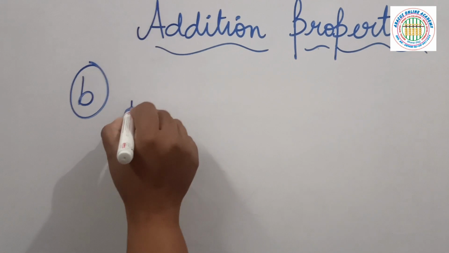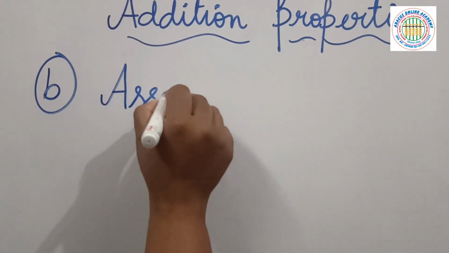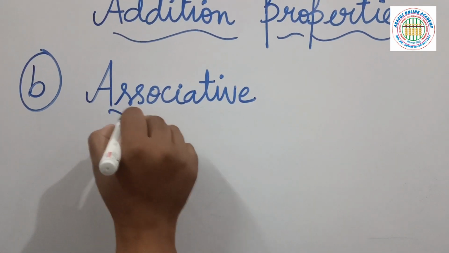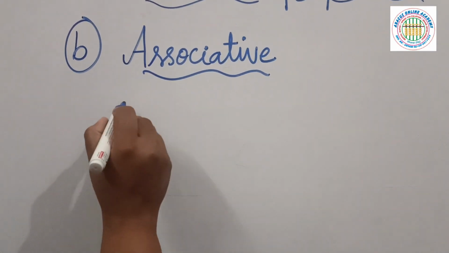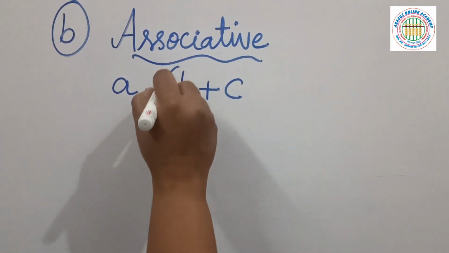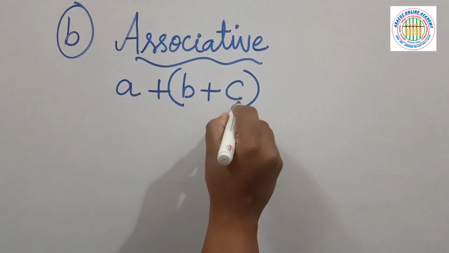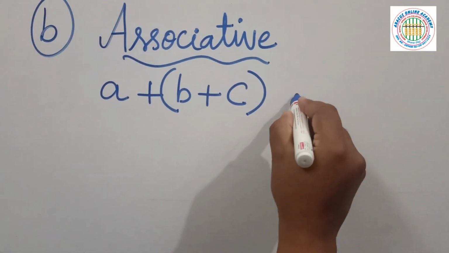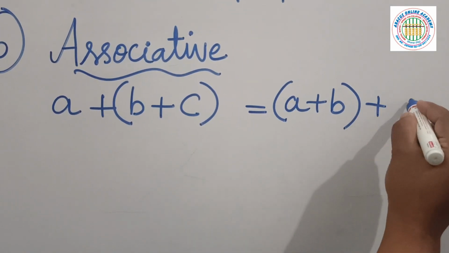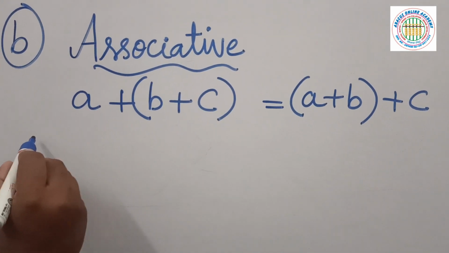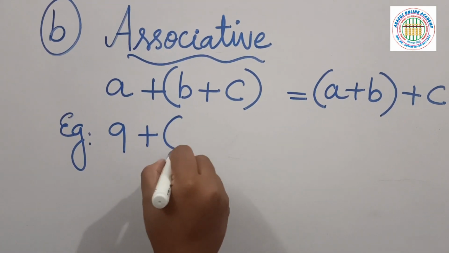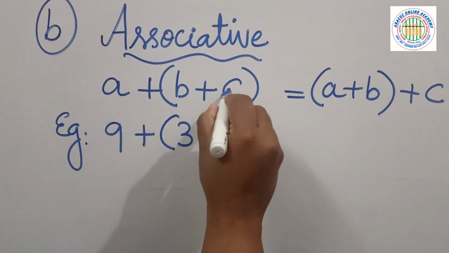The second one is associative property. Okay, that is A plus B plus C. That means if you make this a group and add to this number, or if you make the first 2 numbers a group and then add the third number, both are the same. For example, A is 9, B is 3, C is 1.